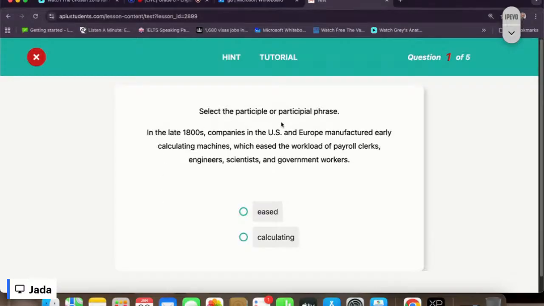So select the participle of a participle phrase. In the 1800s, companies in the US and Europe manufactured early calculating machines, which lightened the workload of payroll clerks, engineers, scientists, and government workers.